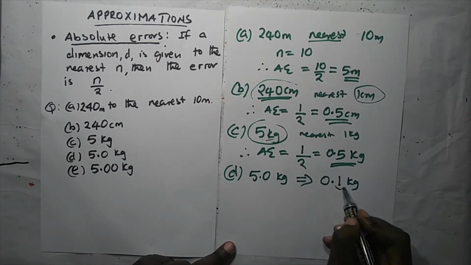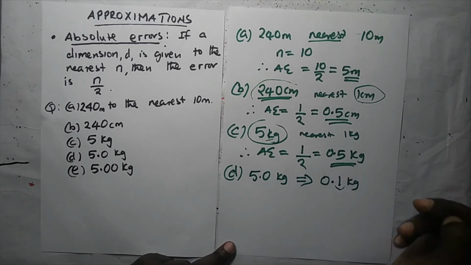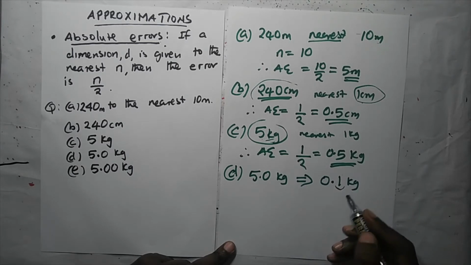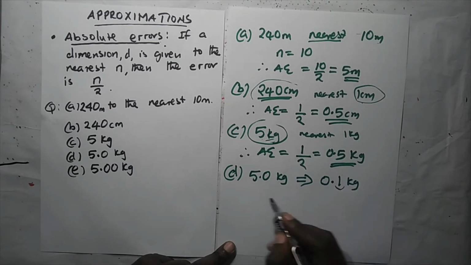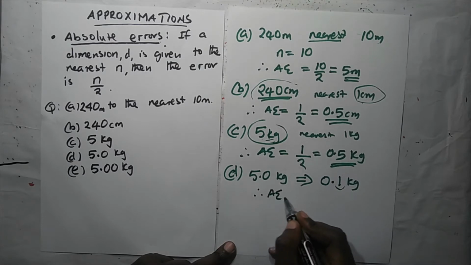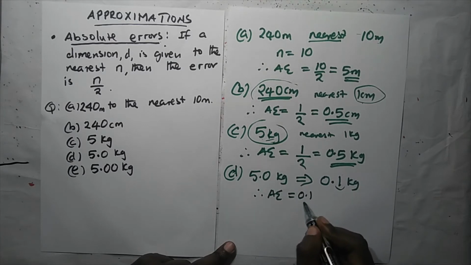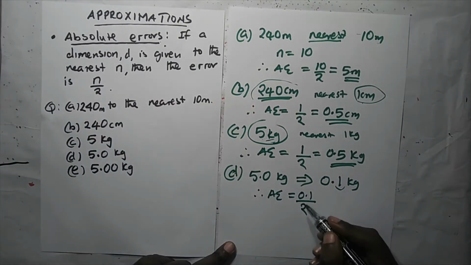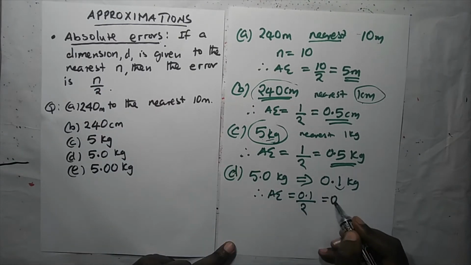So here you have 0.1 as the least measure. Therefore, the absolute error will be given as 0.1 over 2. You always divide by 2 according to our formula.